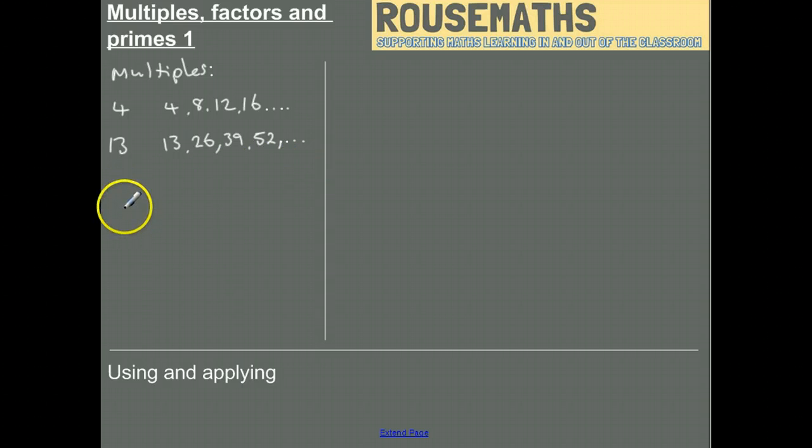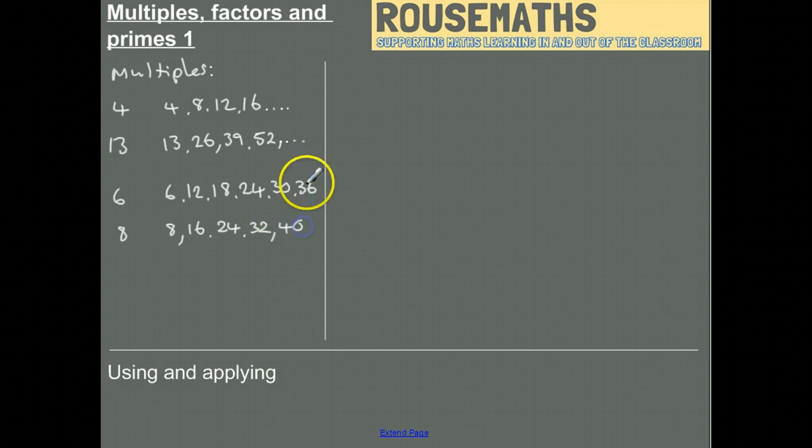Now you might want to find some common multiples. So for example, if I take 6 and 8, so multiples of 6, and multiples of 8. What you might notice about these two is that if I go through the list, 24 is the first number that appears in both.